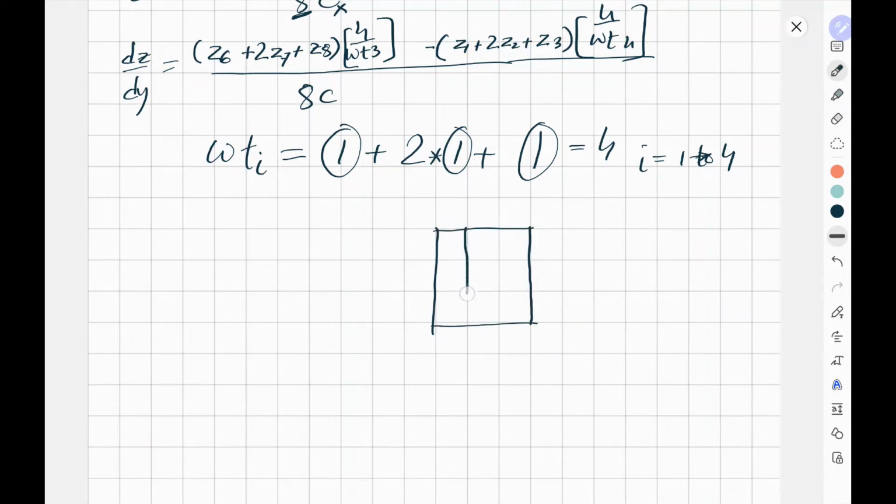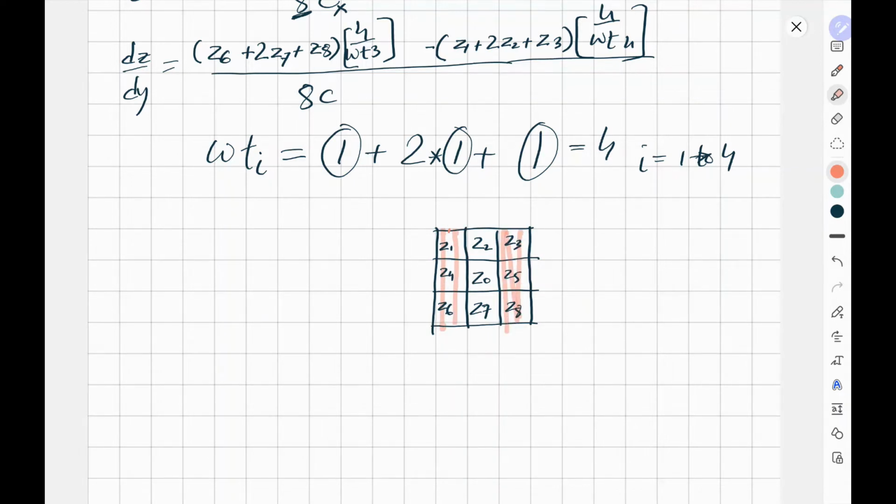Suppose this is my window, 3x3 window. This is Z0, this is Z1, Z2, Z3, Z4, Z5, Z6, Z7, Z8. Suppose I want to calculate slope in the x direction. So for calculating slope in the x direction, what I will do, I will consider this cell and these cells, okay?